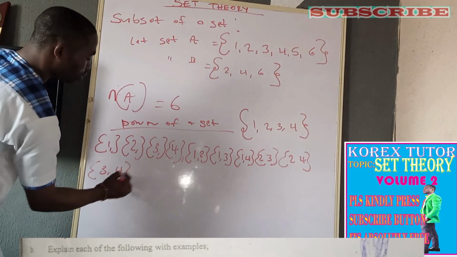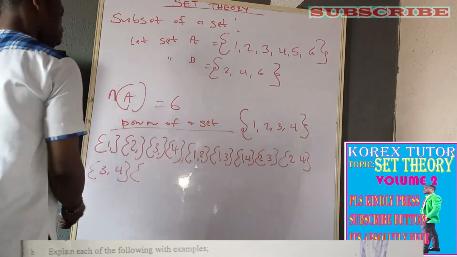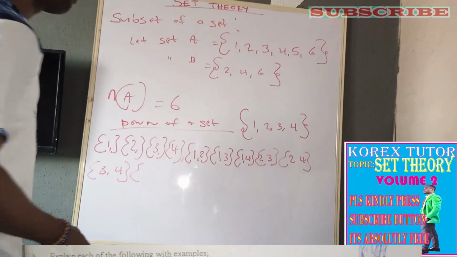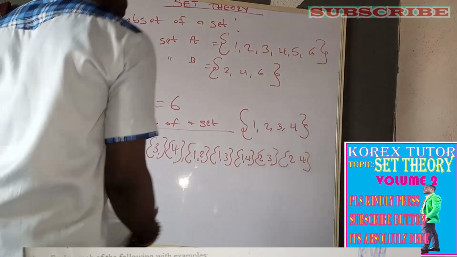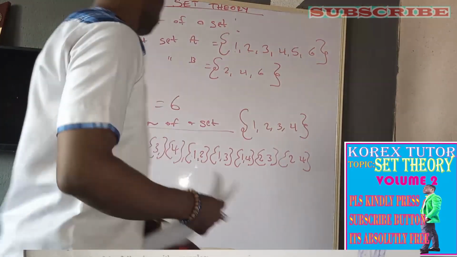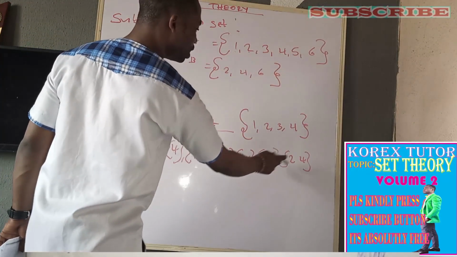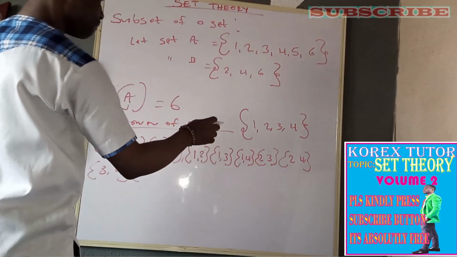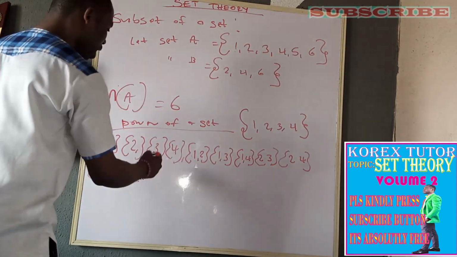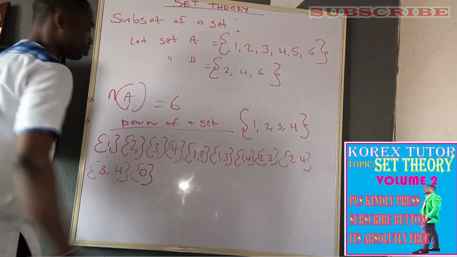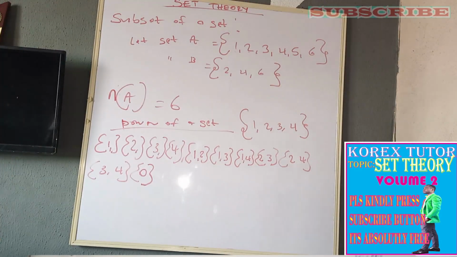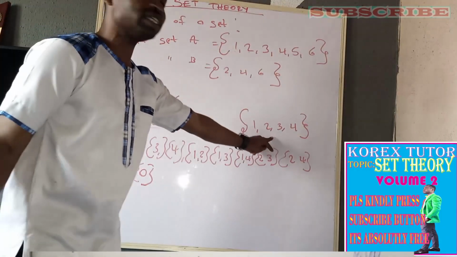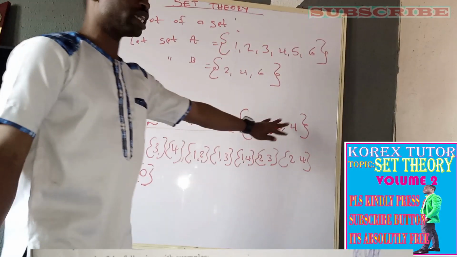We can have 1, 2, 3, 4, then 1 2, 1 3, 1 4, 2 3, 2 4, 3 4, and then three-element subsets and the full set 1 2 3 4. Then the empty set also is a subset. So these are the different subsets that can be found in this given set.